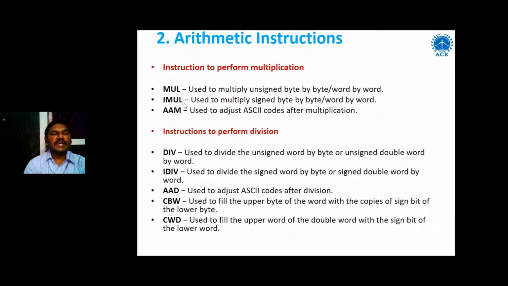Multiplication of signed numbers is IMUL. ASCII adjust after multiplication is AAM. Division of unsigned numbers is DIV. Division of two signed numbers is IDIV. ASCII adjust after division is AAD, and for the sign bit they use CBW and CWD for word and double word.